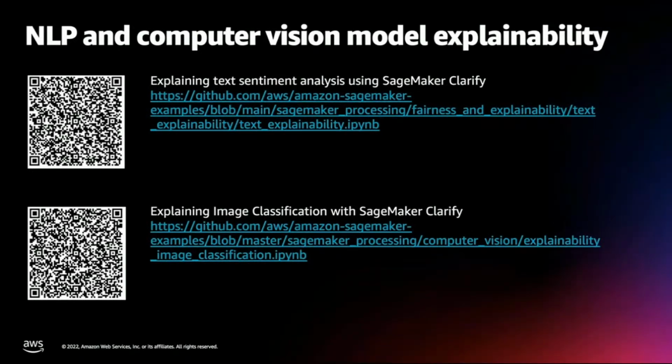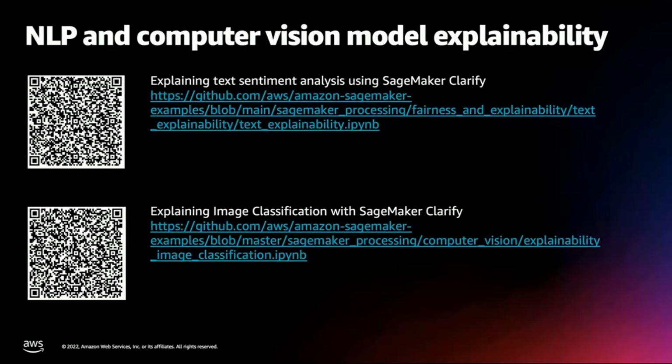In fact, if you scan the QR codes, you'll land on the Jupyter notebooks that give you step-by-step instructions of how to apply the same approach and kernel SHAP algorithm with SageMaker Clarify on text and on images. There's another notebook that I'm not showing here about not just image classification, but actual object detection.